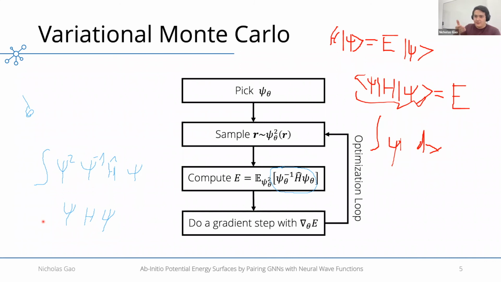If you have an integral where you have a probability distribution times some function, you can approximate the integral rather than doing a grid sampling and evaluating every data point.